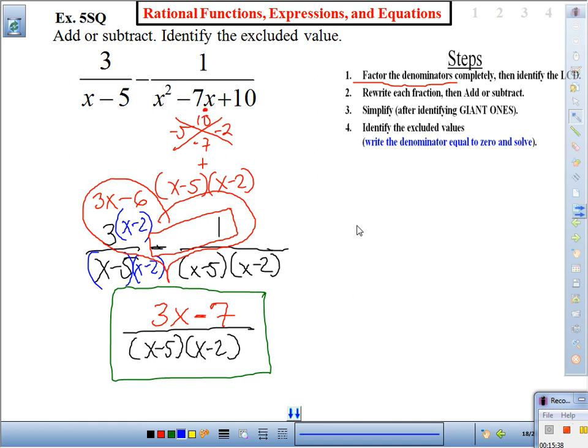However, we need to find what? Excluded value. Turn to your neighbor, let them know what to do from there, please. Yeah, we're going to set the common denominator equal to 0. Not this one or this one, but this one. It's already factored for you. Okay? All right, find me the excluded value, please.